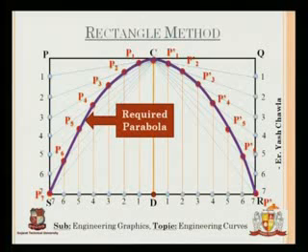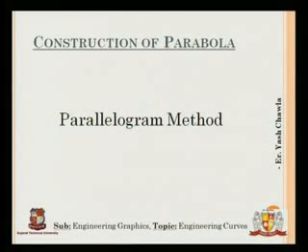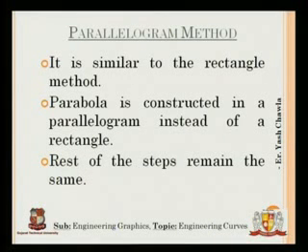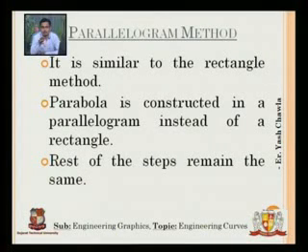So this was the rectangular method that we discussed. Now the next method that we are going to discuss is the parallelogram method. It is very similar to the rectangle method. In the rectangle method, it was a proper rectangle.